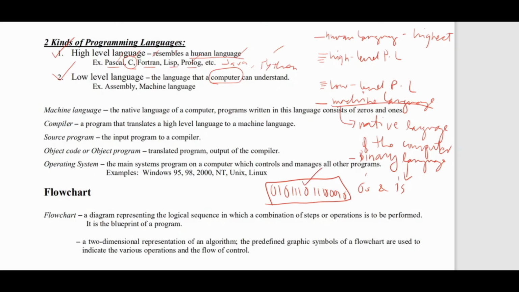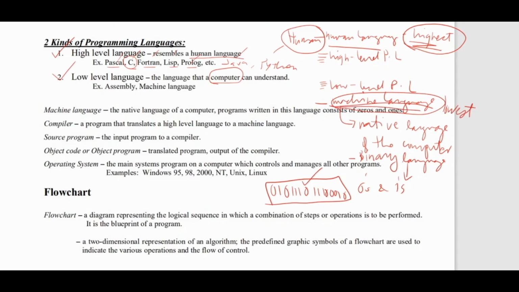Okay, this is a code that the computer can understand, but of course the human cannot understand this easily. So here is the human at this level. Okay, the human language is the highest language, while the computer language or the machine language is the lowest language.